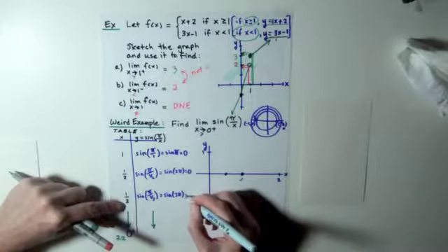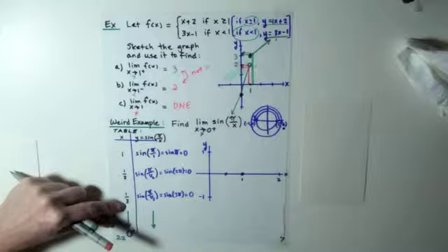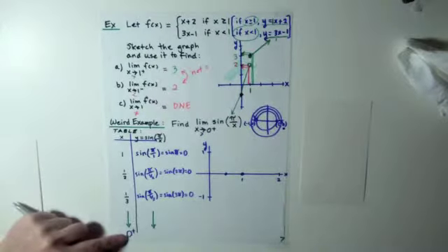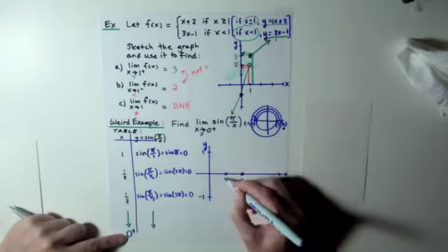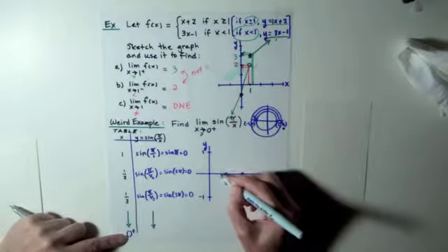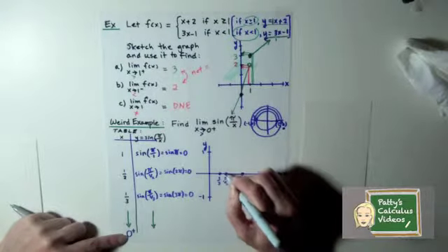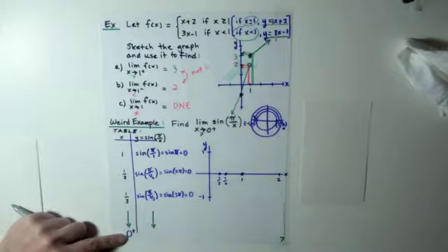Sine of 3 pi is again equal to 0. Notice that as I plug in these different x values that are getting closer and closer to 0 from the right, the output values all seem to be equal to 0. Here was 1/2. When I plug in 1/3, that'd be right about here. The output value is again 0. All of these points are actually right on the x-axis because all of them have y-coordinates of 0.